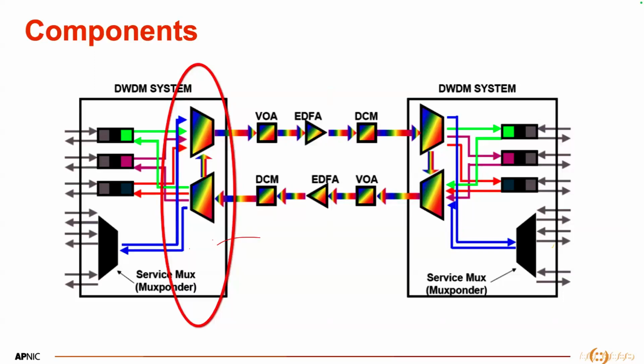Yeah, definitely you can. I've also seen in some transport networks where they installed all the systems, but they are using only one or two wavelengths. Yes, you can. Thank you.